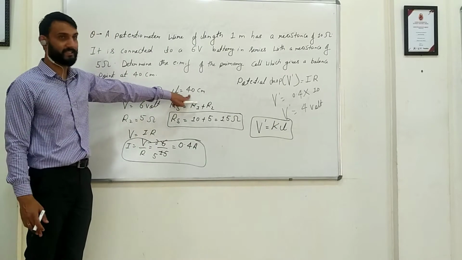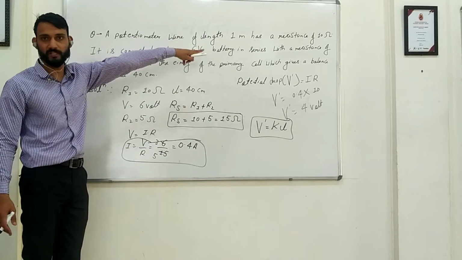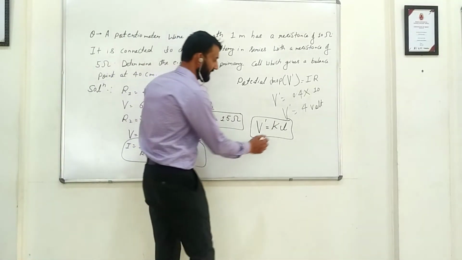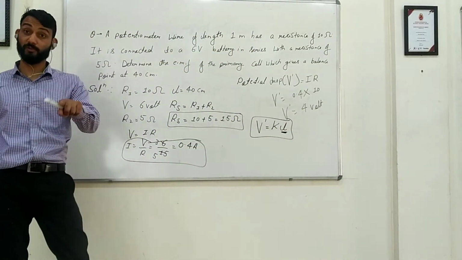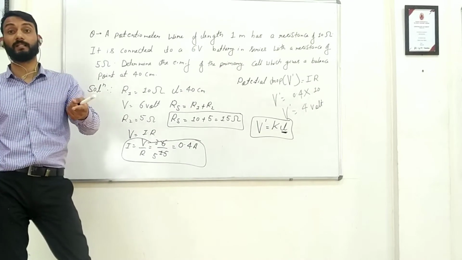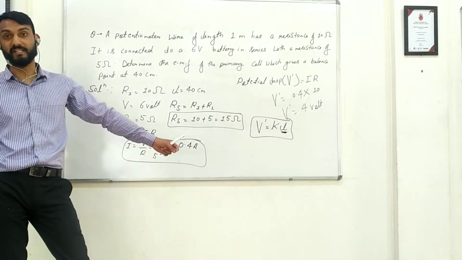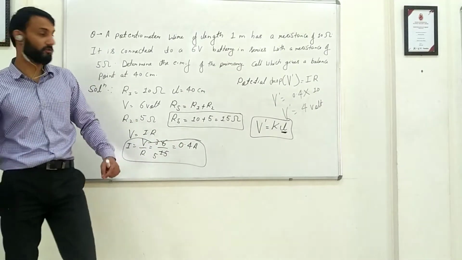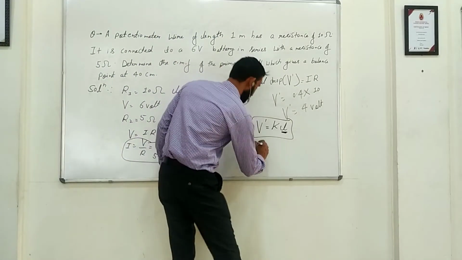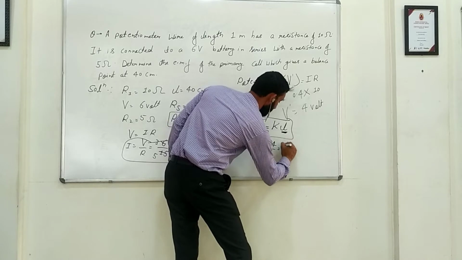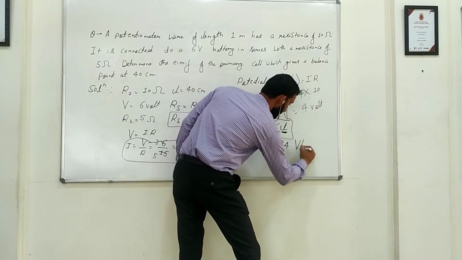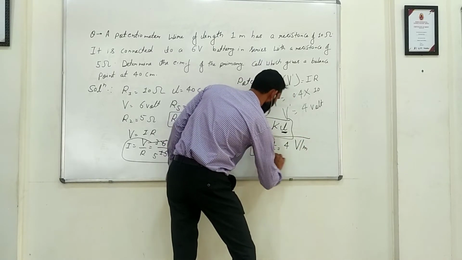This is the balancing length. But the length of the potentiometer is 1 meter. So we will use this as the length of the potentiometer in order to calculate K. Potential gradient for that 1 meter length wire of the potentiometer. So K will be equal to 4 upon 1. So it will be 4 volt per meter because length is in meter.